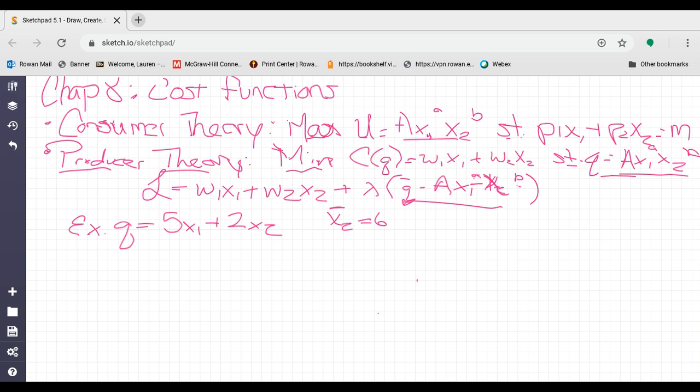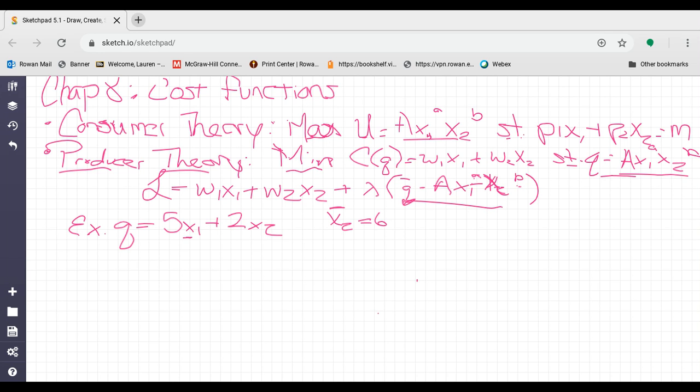What that means is this input, maybe our capital, is fixed at a certain level. Maybe we have 6 machines to create our output. And labor, maybe X1, can vary. So we can have 2 people today, 5 people tomorrow, 0 people the next day, and so forth.